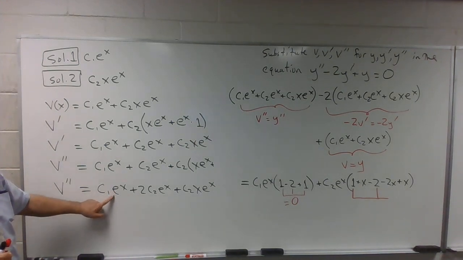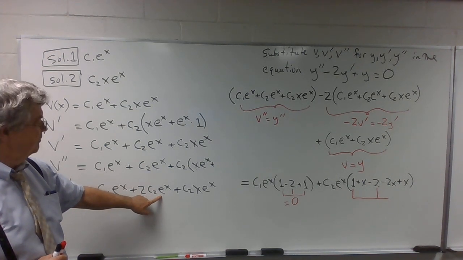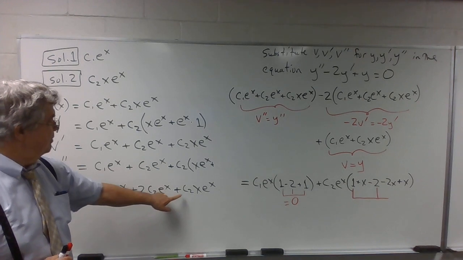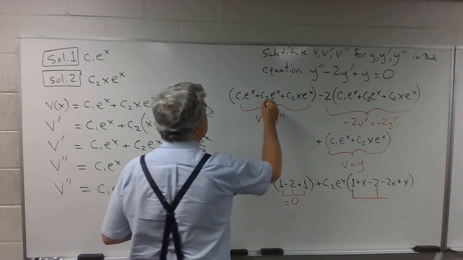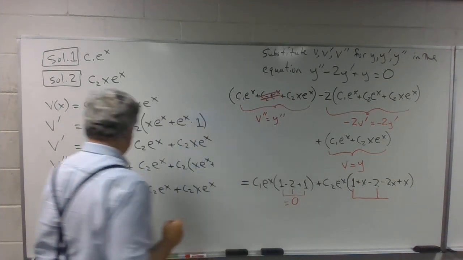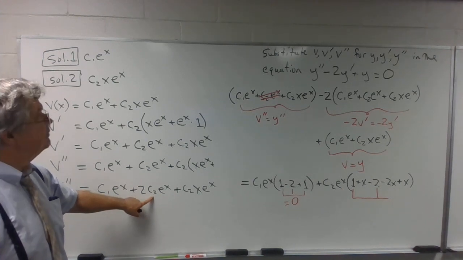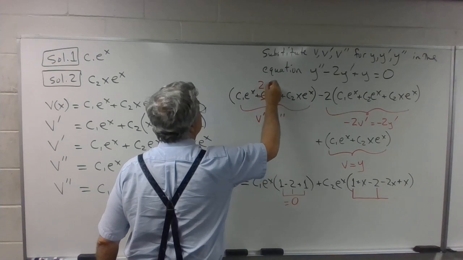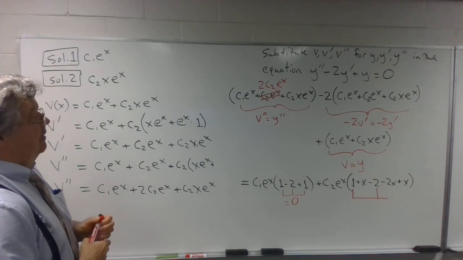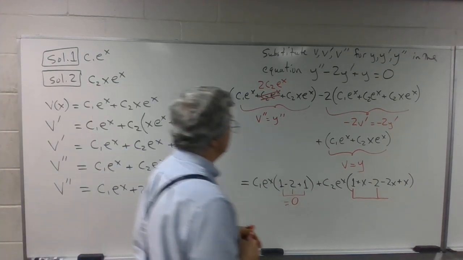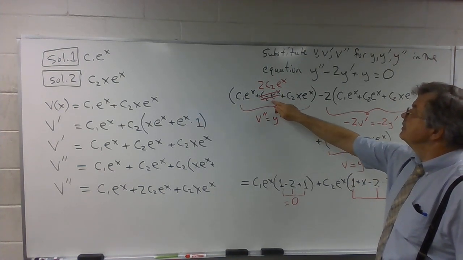V double prime is c1 e to the x plus 2c2 e to the x plus c2x e to the x. Yep, here's my problem. This is 2c2 e to the x. And so this 1 right here should actually be a 2.